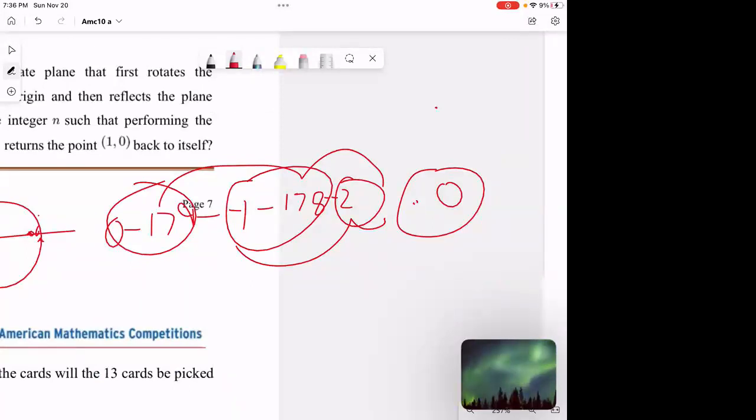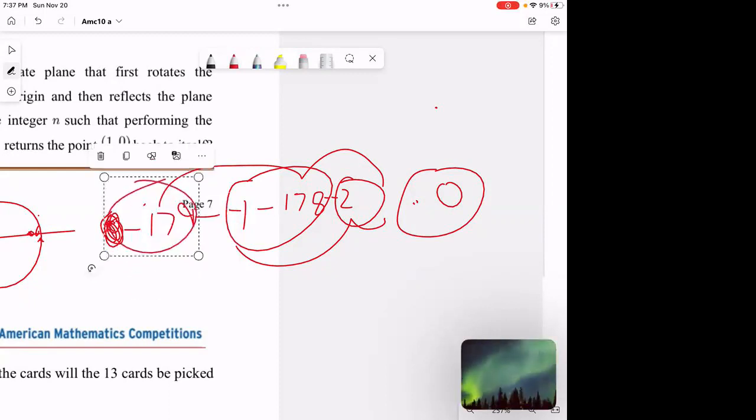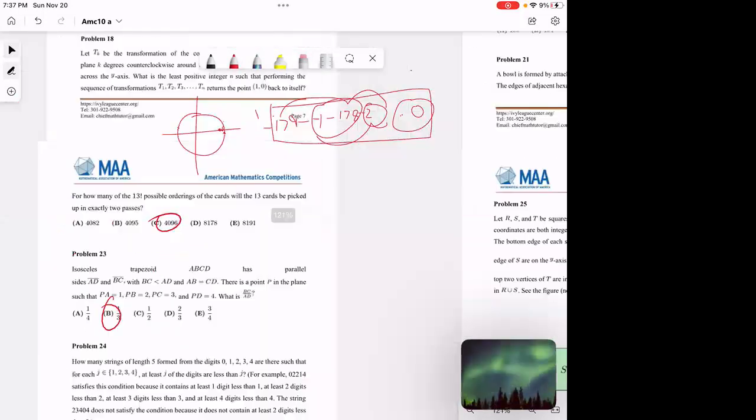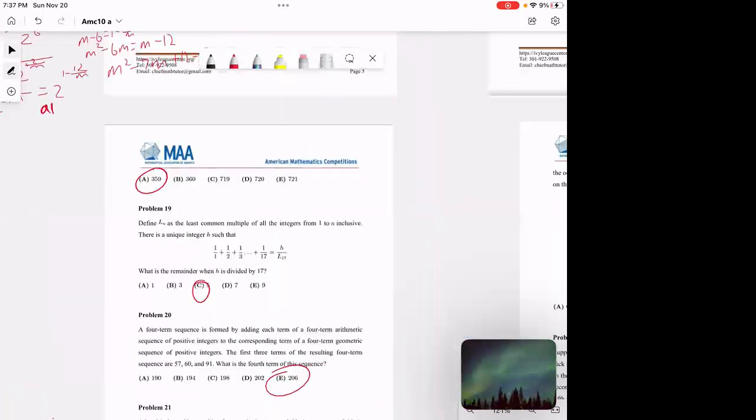So it's 360. But it's not 360 moves because 0 is included, and that's not even a move. That's where we start. So it's 360 minus 1, which gives us 359. And that is our answer right here.